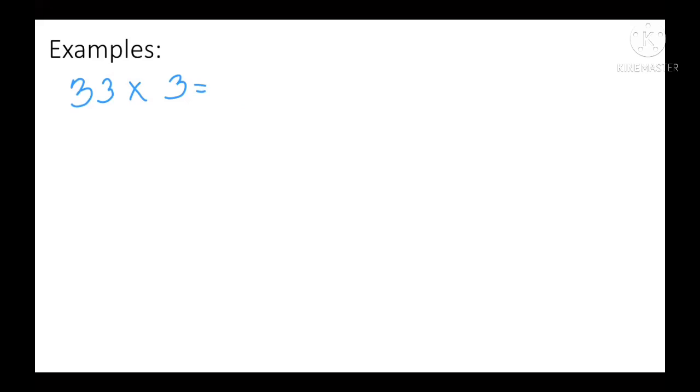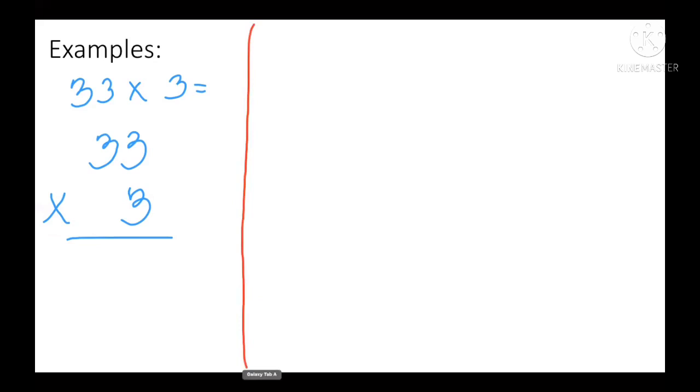We need to organize our listing, okay? So it goes like this. I will copy first 33. All right. And then, of course, the symbol, and then the second number, and then equals.